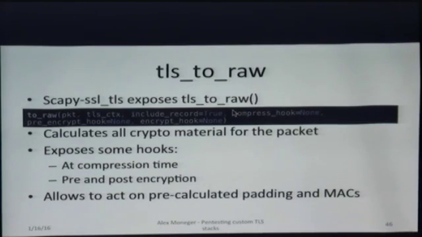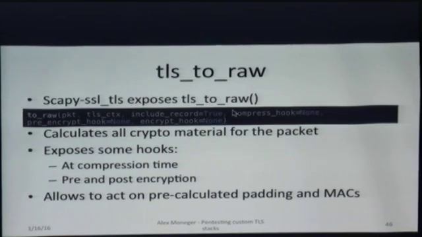First of all, it will calculate all the crypto material for you, meaning that the crypto blob will have a correct MAC, correct padding, and all these things. The thing is, it exposes a bunch of hooks at compression time, pre and post decryption, meaning that if you register a callback, you can catch the state pre-encryption when the packet is still plaintext, so you can get the data with the correct MAC, the correct padding and everything, and act on it before it hits the encryption routine.